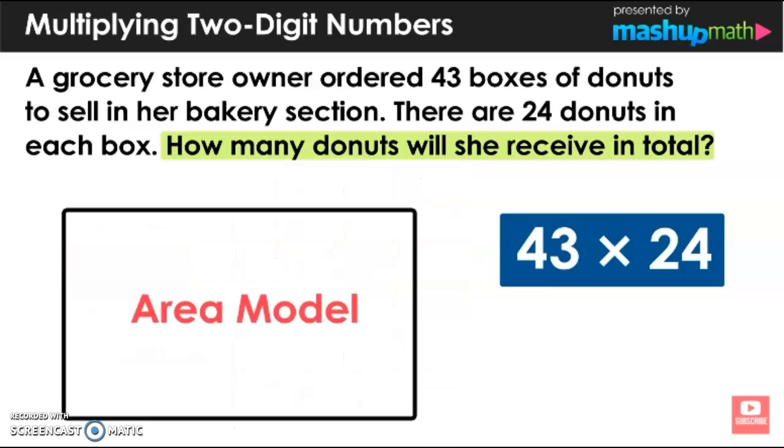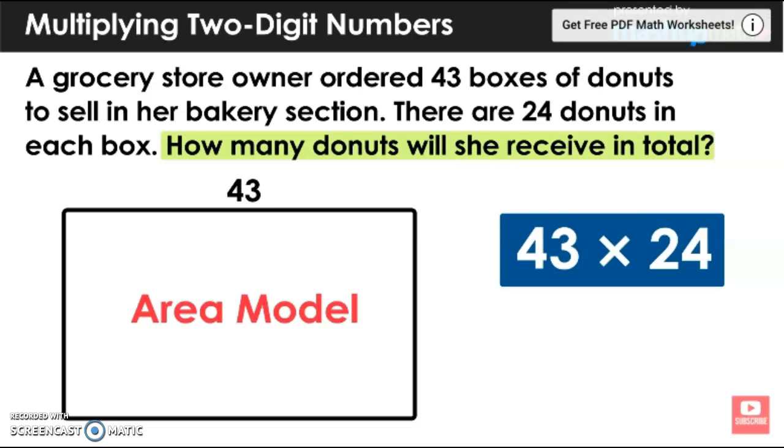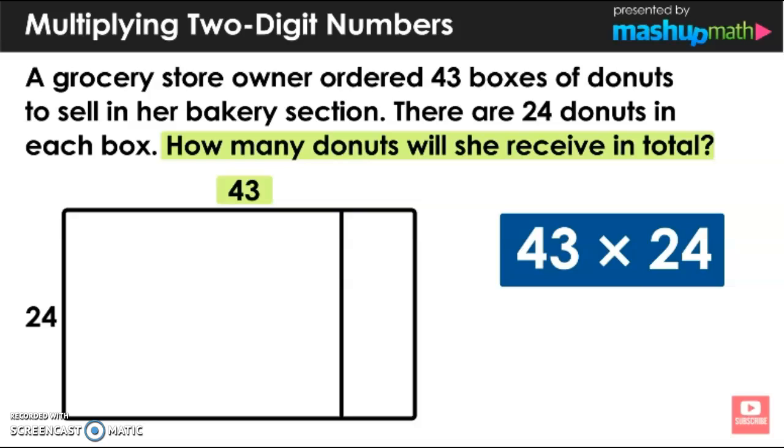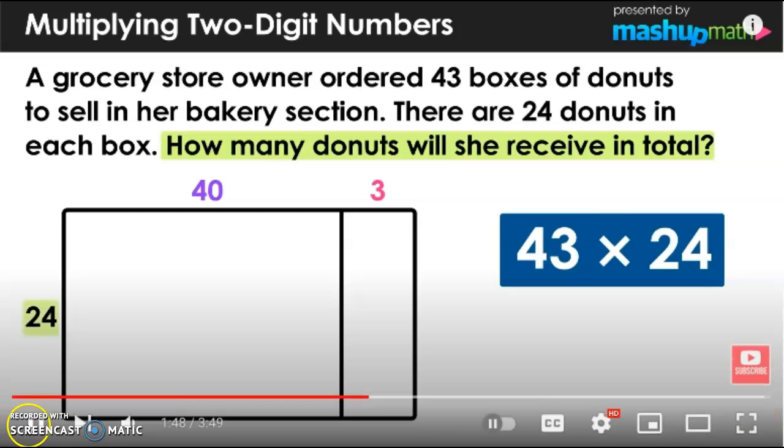So we are going to construct a rectangular area model to represent the multiplication. Now on the top row of the model, we're going to put 43 and on the left column, 24. Starting with 43, we can represent this in easier terms, and we could think of 43 as the sum of 40 and 3. These numbers are much easier to work with.